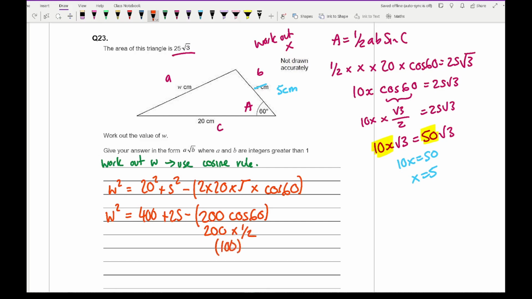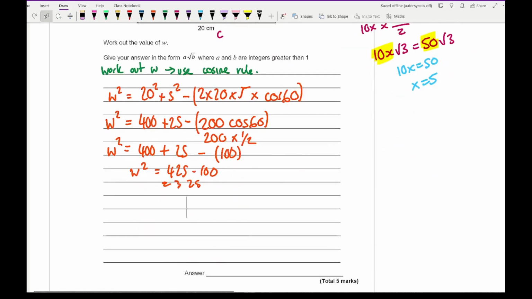So w squared is going to be equal to 425 minus 100, which is 325.